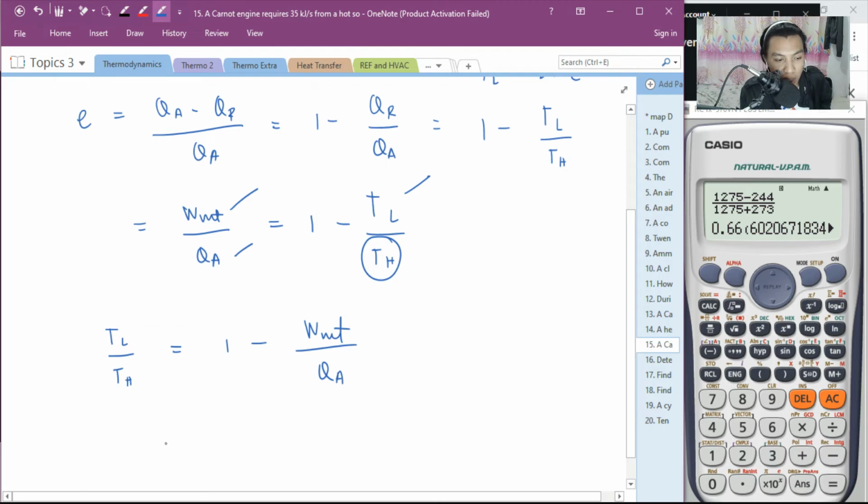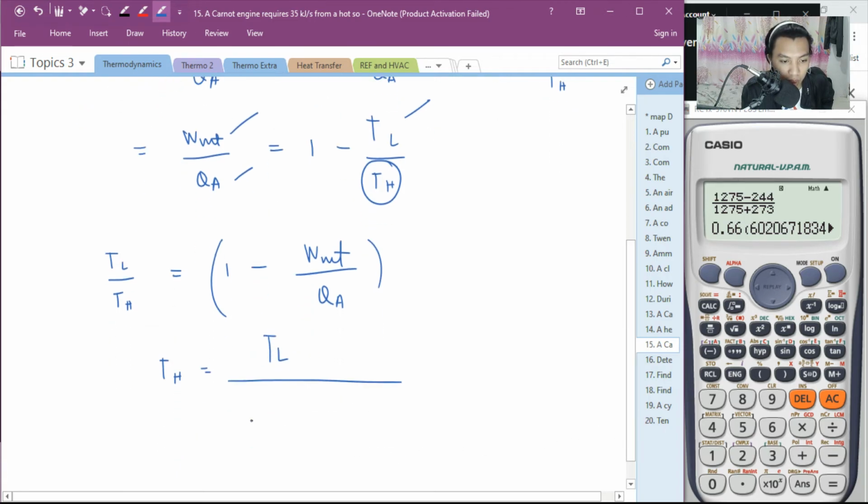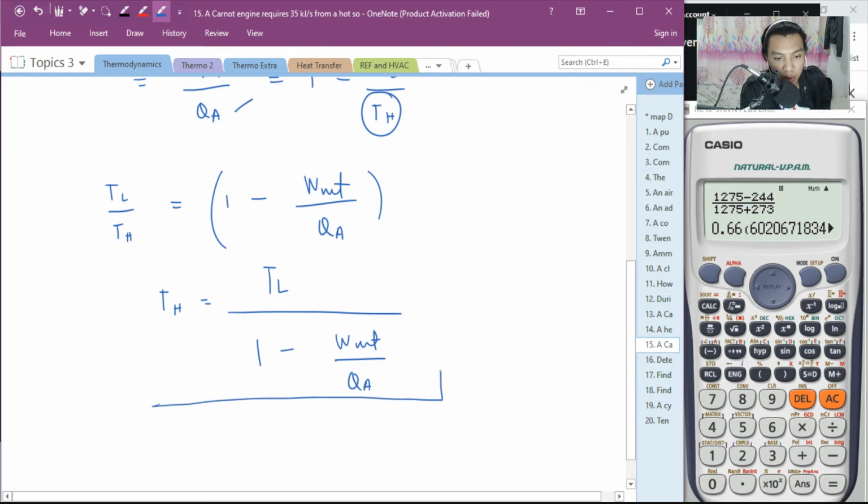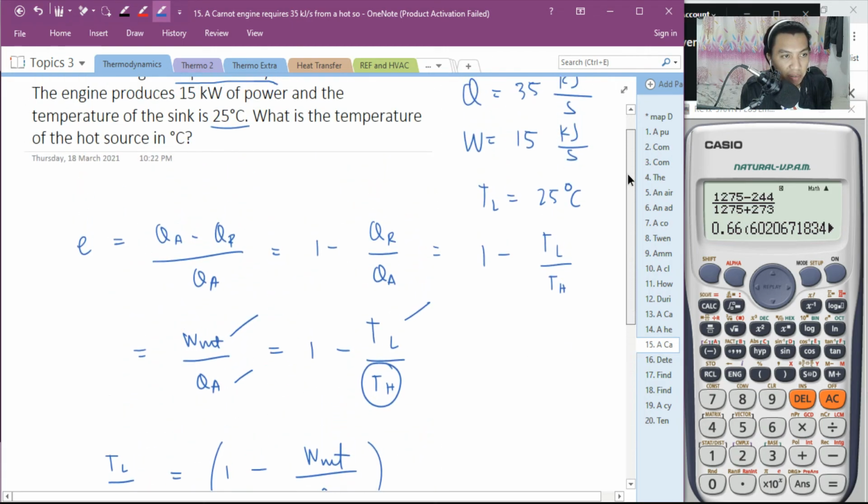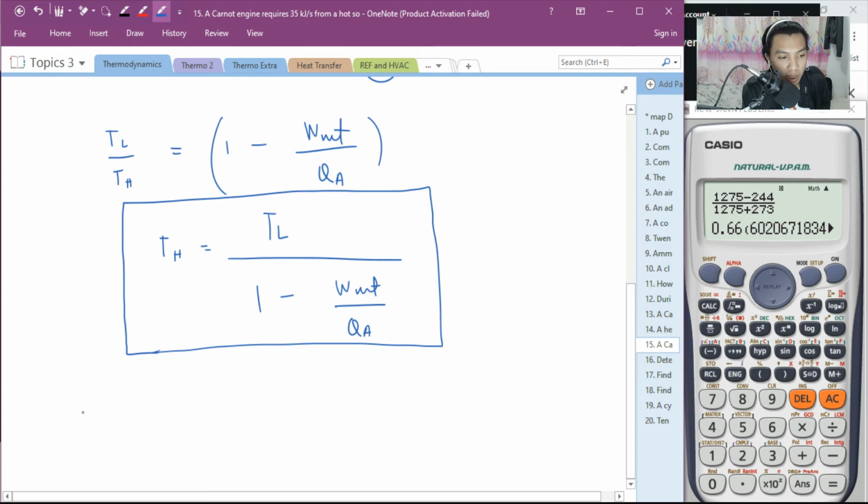So, TH ang hinahanap ko, TH equal to TL divided by 1 minus work net over QA. O, di ba? Meron ka ng final form. Pwede mo nang gamitin dito yung mga values mo. TH ang hinahanap. Nakalagay ba dyan Kelvin? Degree Celsius. Okay? Ayan, lalabas dyan, commonly is in degree Kelvin.